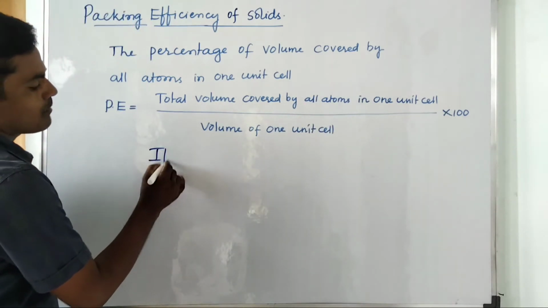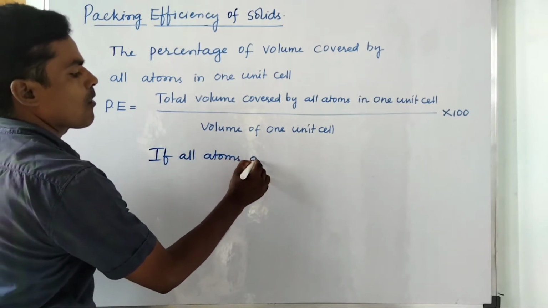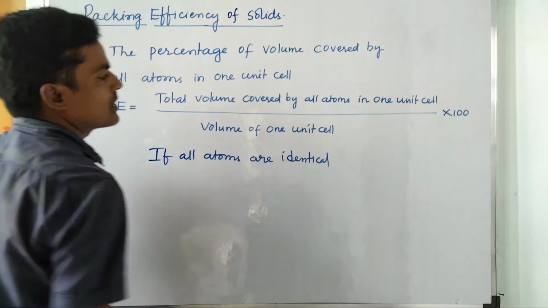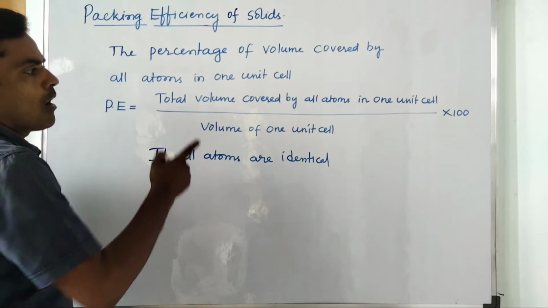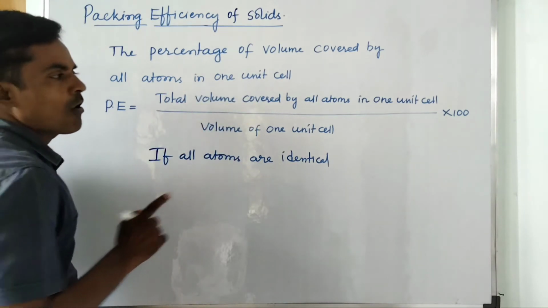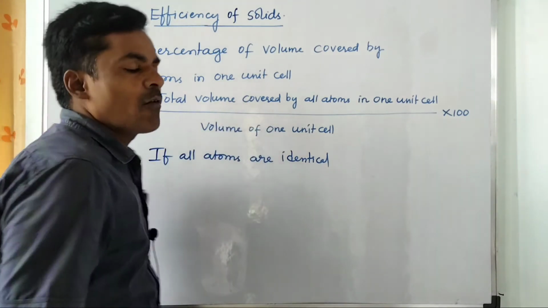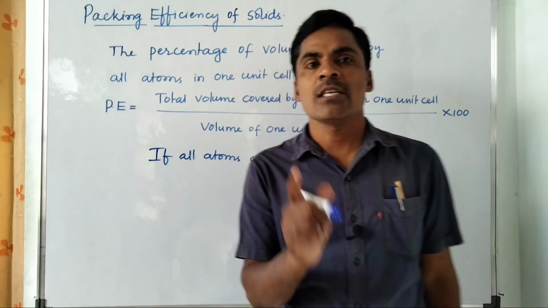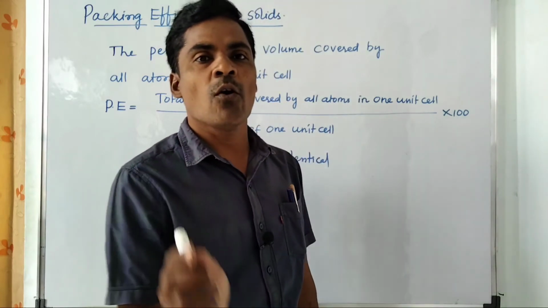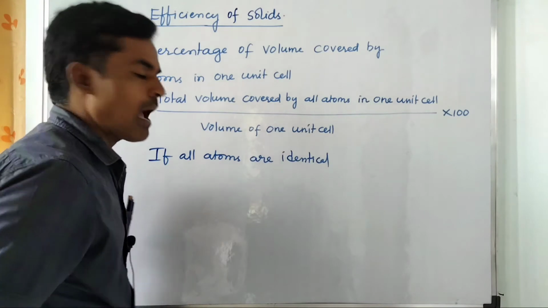So total volume covered by all atoms in one unit cell is equal to the number of atoms into volume of one atom. Okay, now then you will get total volume covered by all atoms.